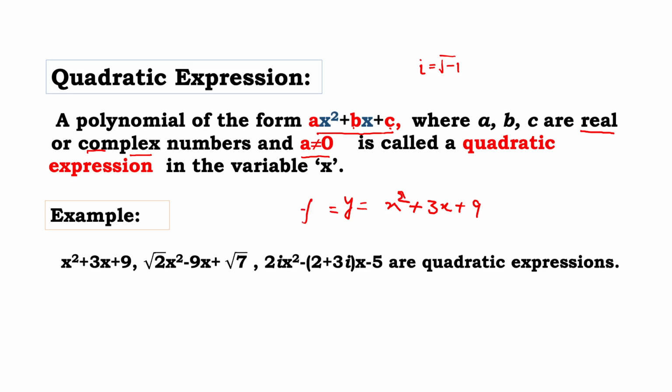We have already seen functions, where the variable is x, and you get f(x) after putting in the values of x. The coefficients in these cases are root 2, minus 9, and root 7, or 2i, 2 plus 3i, and 5. These are the coefficients of x square, x, and the constant term. So this is known as a quadratic expression.